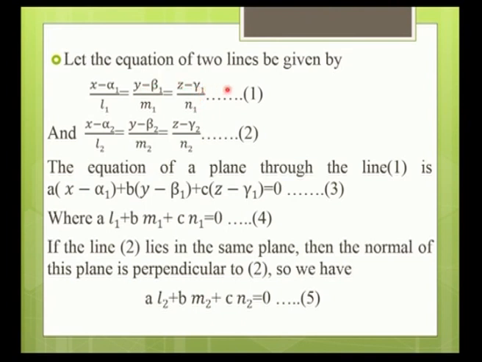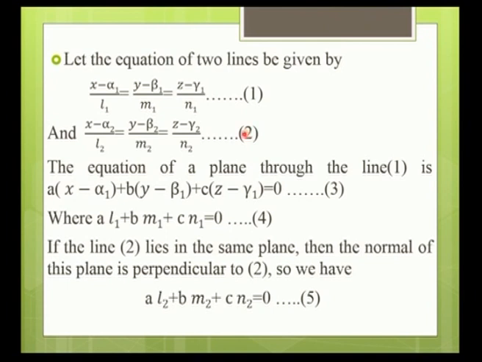Let us keep this as equation 1 and go to the equation of the second line, that is (x - α2)/L2 = (y - β2)/M2 = (z - γ2)/N2. Keep this as equation 2. So, these two equations are the equations of two lines.